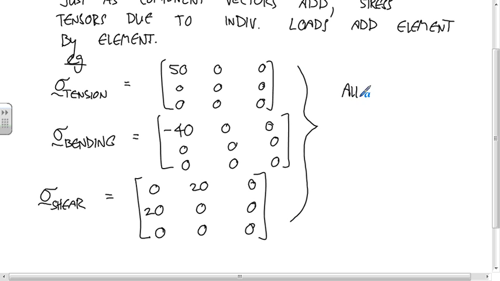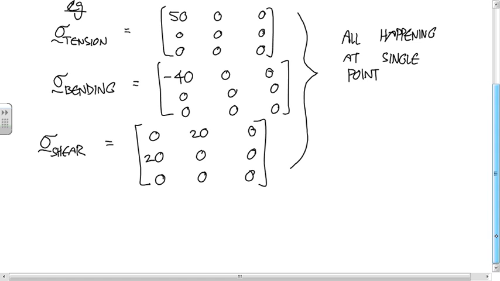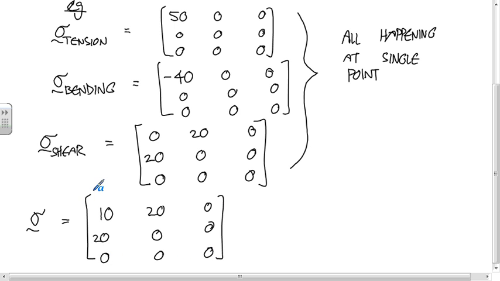And say that all of these are happening at a single point, then at that point the stress tensor would be 50 minus 40, so positive 10 megapascals, and 0 plus 0 plus 20. So that's nice.